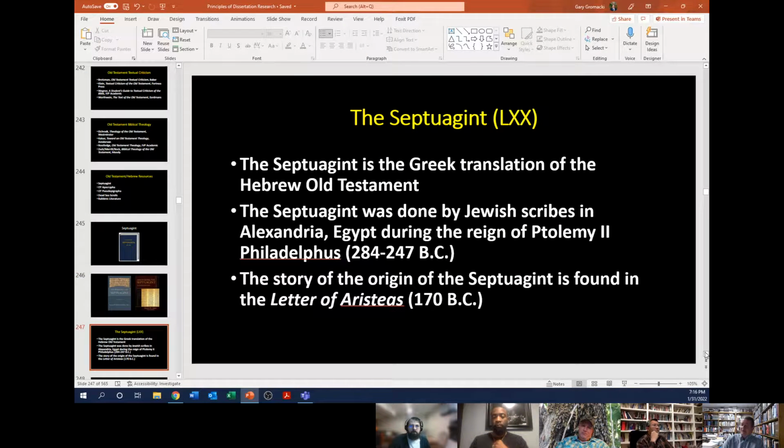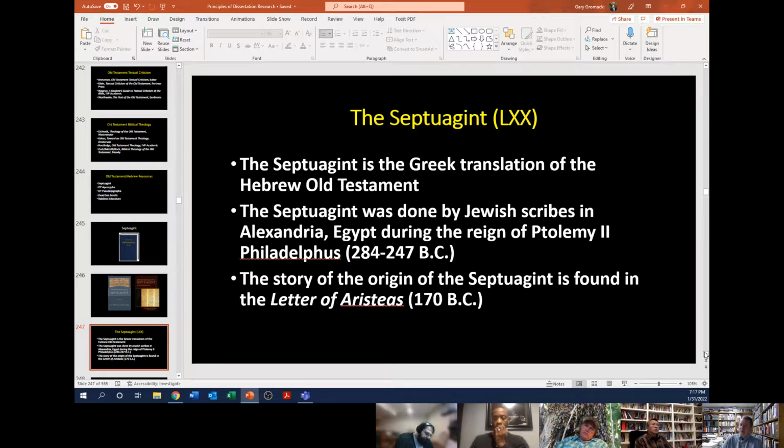The LXX, the Greek translation of the Hebrew Old Testament, was done by Jewish scribes in Alexandria, Egypt, during the reign of Ptolemy II of Philadelphia. So notice 284 to 247 BC. That places it about 400 years after the completion of the Hebrew Bible.